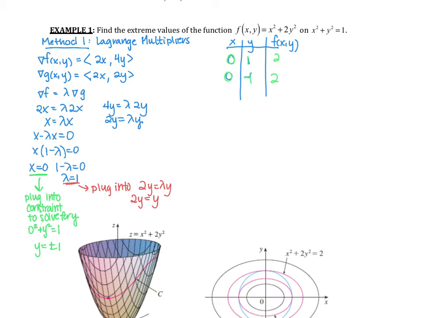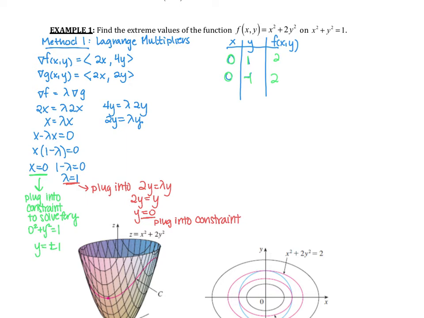So the only way that I get this is if y equals 0. There's no other number that I can multiply y by 2 and have it equal just y. Now what we're going to do is plug this into the constraint. Once I've found what y is, I'm going to plug that into the constraint.